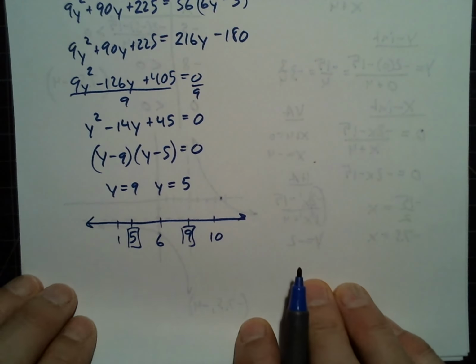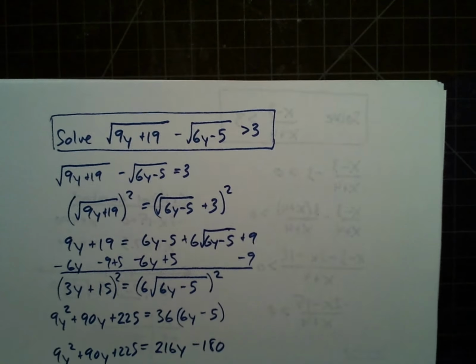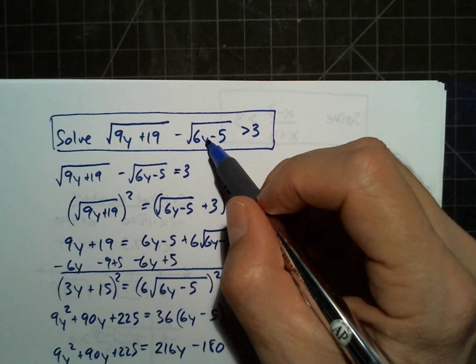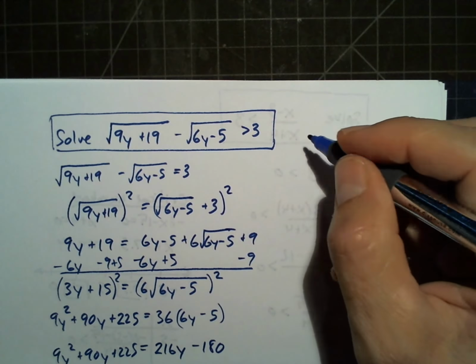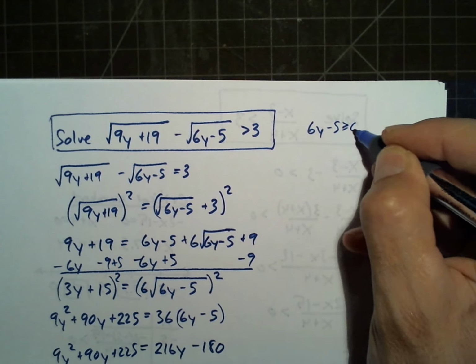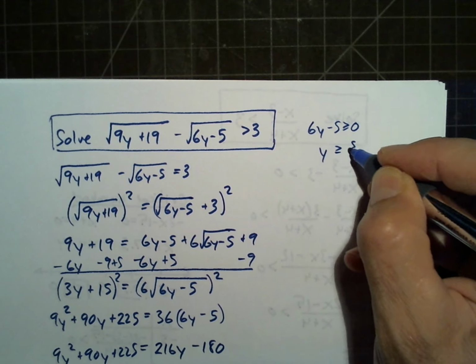And going back to the original, when we put a y in here, we know that 6y minus 5 has to be greater than or equal to 0. So y is greater than or equal to 5/6.